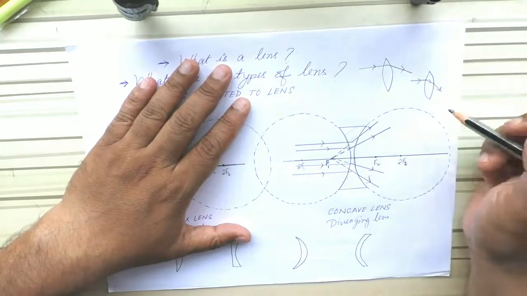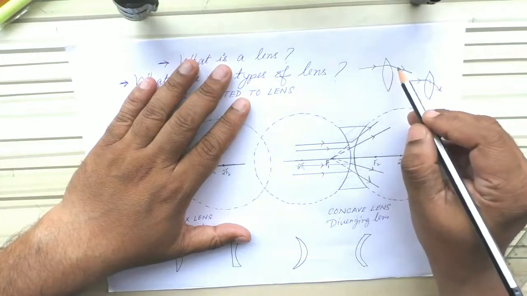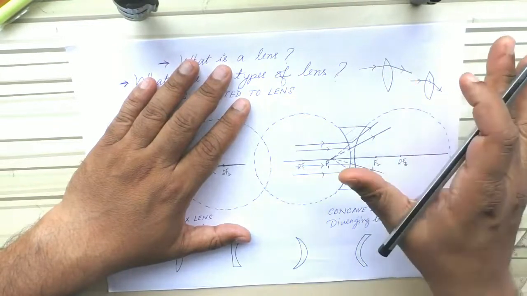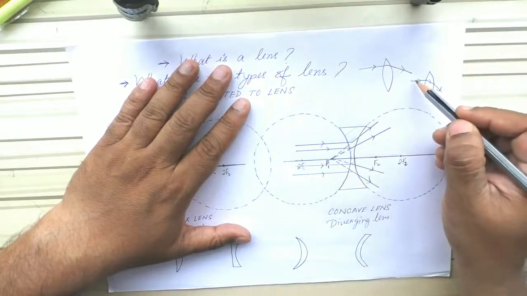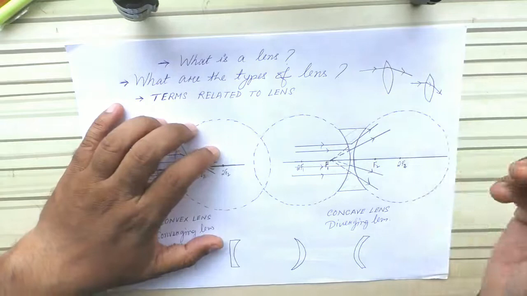But for convenience, we draw diagrams like this and show the direction change only once, but actually the light ray suffers refraction two times.